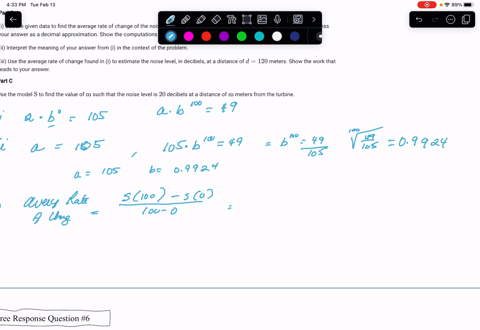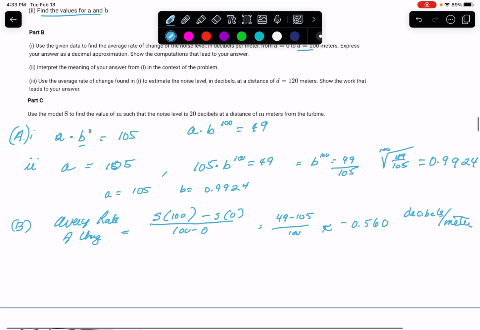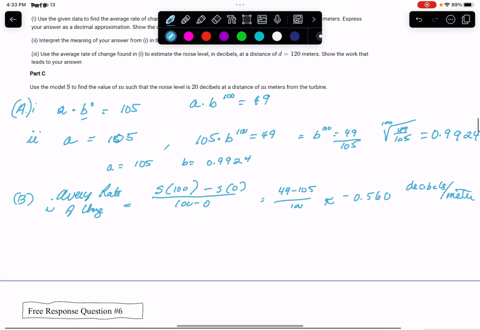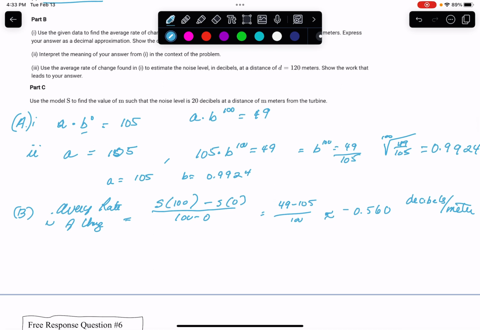Okay, and that's equal to 49 minus 105 over 100, which is approximately equal to, with your calculator, negative 0.560 decibels per meter. And that was the first part of B. And then the second part of B says interpret the meaning in context of the problem.